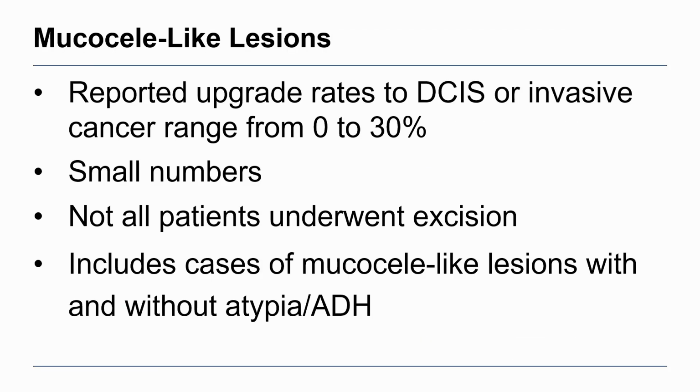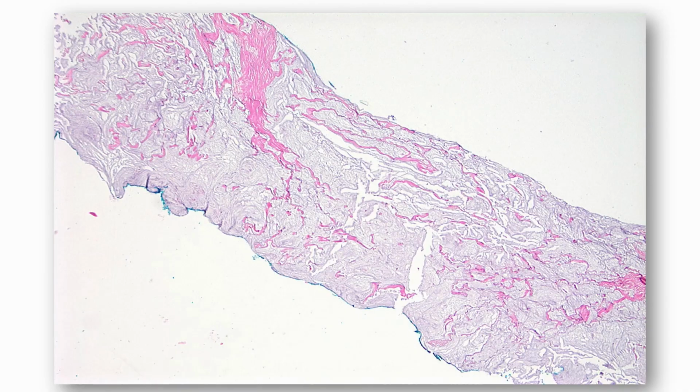Moving now to mucocele-like lesions, here the reported upgrade rates to DCIS or invasive carcinoma historically have ranged up to 30%, but again were encumbered by small numbers in the studies, not all patients undergoing excision, so there's selection bias, and often these studies have included mucocele-like lesions with and without atypia.